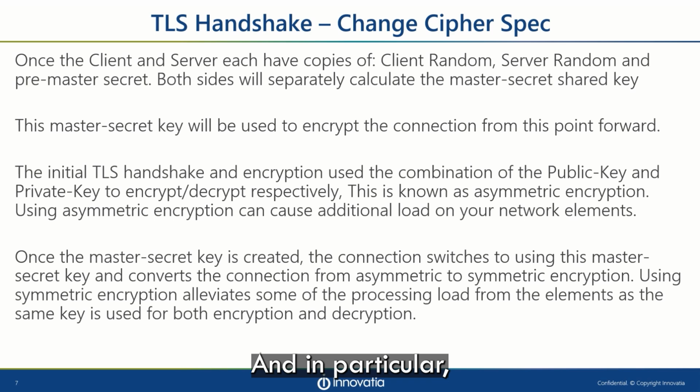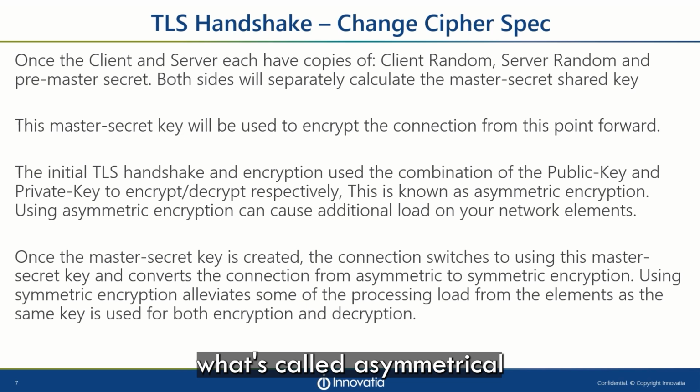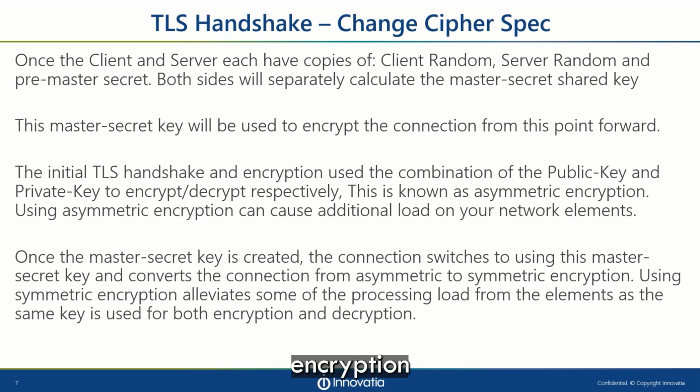And in particular, it's using the private key to decrypt the pre-master secret that the client created and generated. So what I've just described there again is what's called asymmetrical encryption, where you have 2 different keys that are being used to encrypt or decrypt data and traffic.